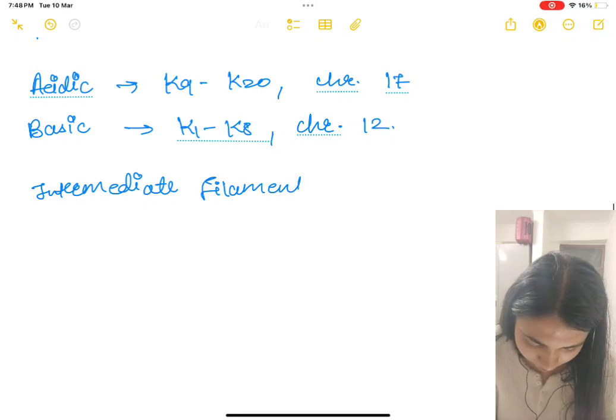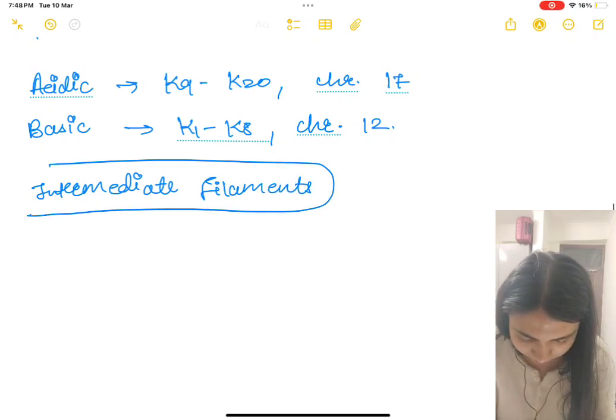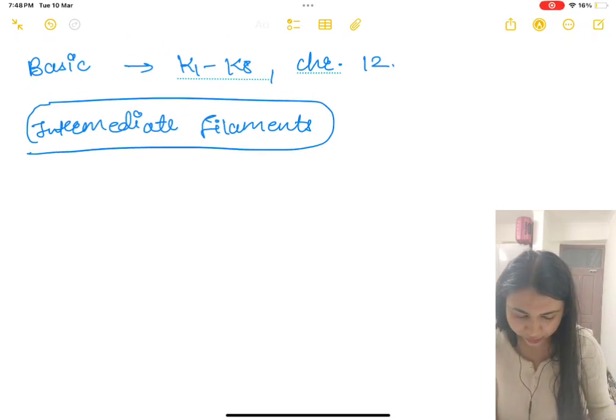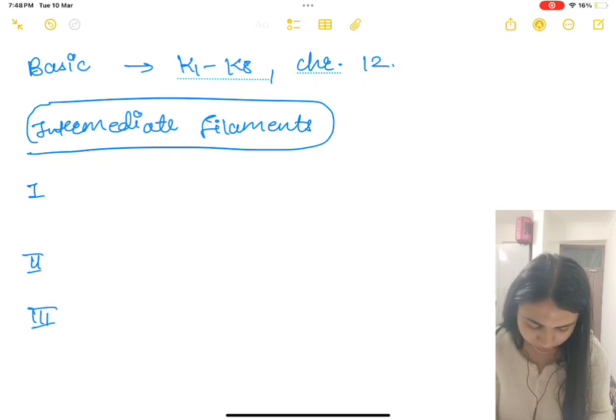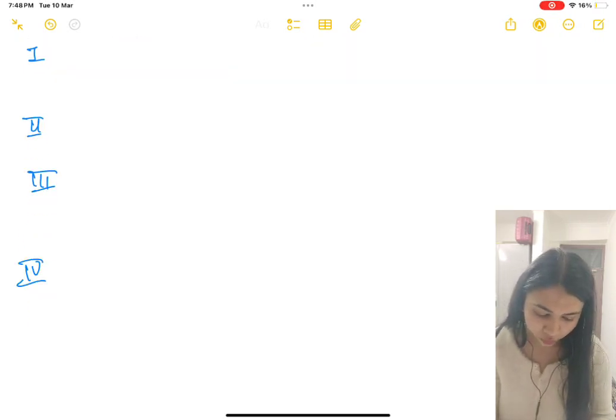Now there are 6 types of intermediate filaments and there are others unclassified. So 1, 2, 3, 4, 5 and 6.